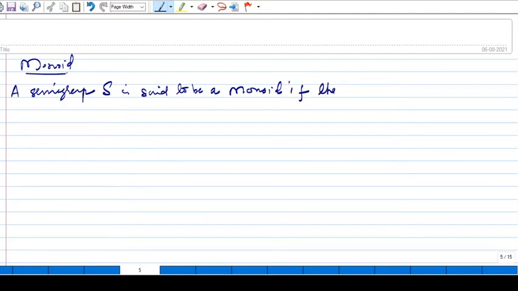if there exists an element, say 1, this is a notation, right?